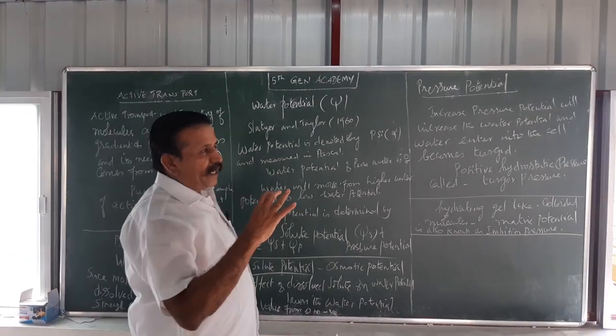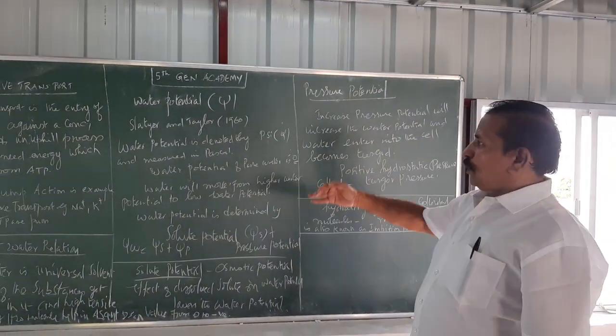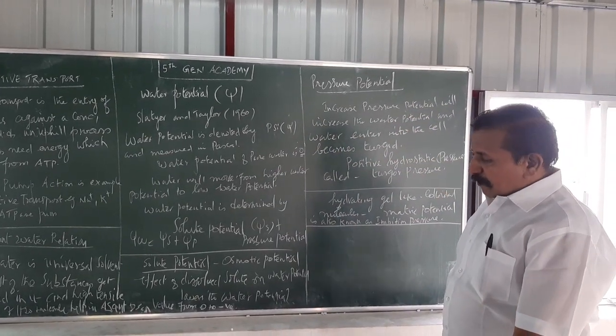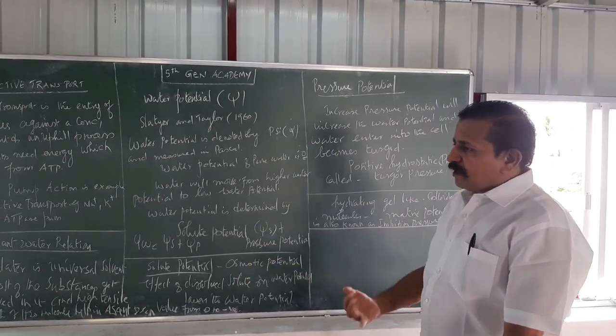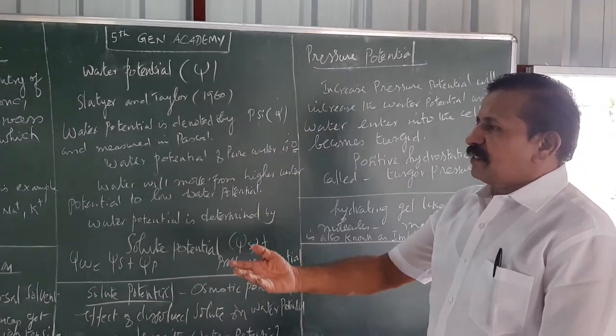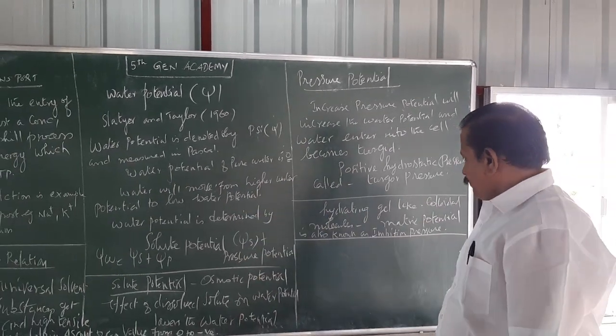It is the ideal concept. We know the basic concept of water potential and pressure potential. When the pressure potential increases, water will easily move from one cell to another and get inside and form a pressure called turgor pressure.